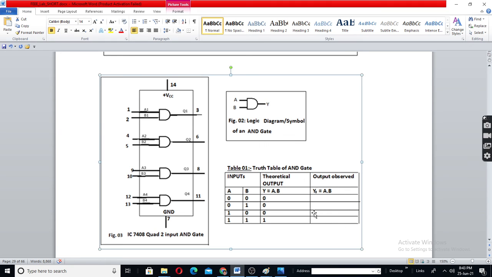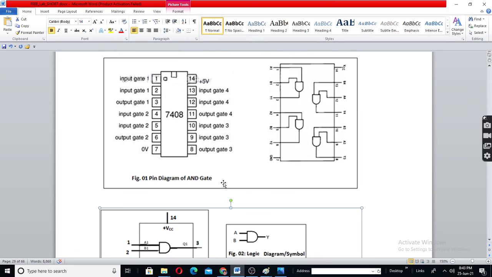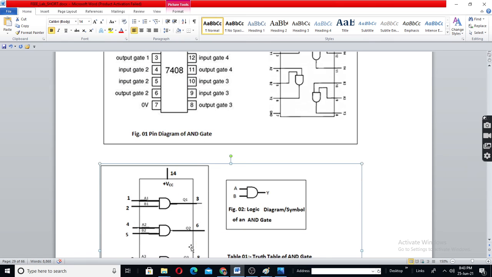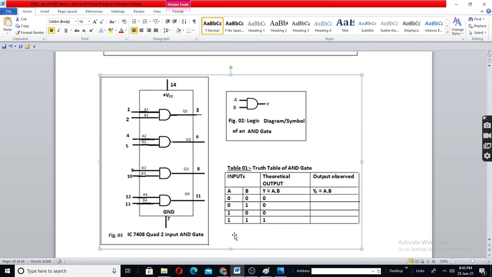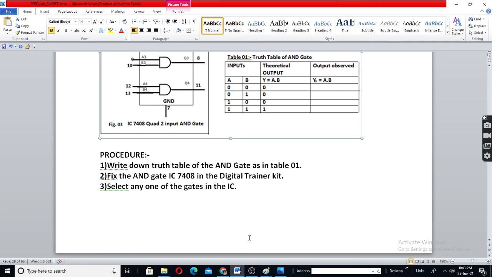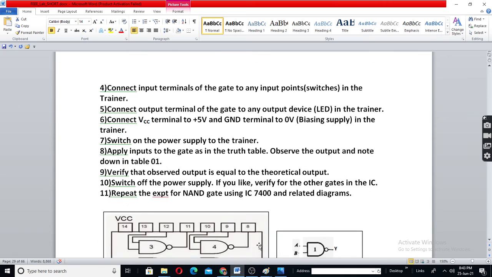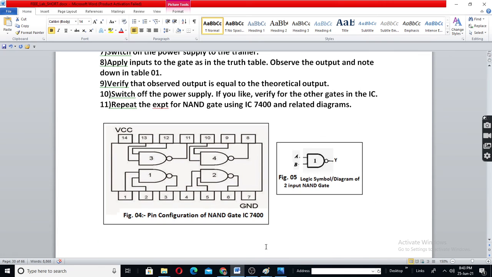If you have not got proper output, it means the IC is faulty. Otherwise, your connection is wrong. Sometimes students put the IC in reverse, upside down, without seeing the notch. That will actually damage the IC also. Hence, be careful while doing the experiment.